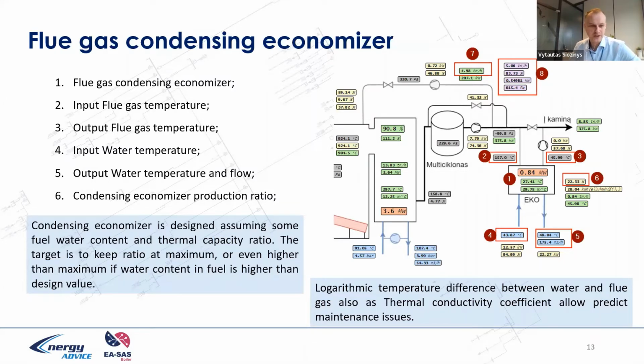Additionally, a pH meter is installed here, and we can also calculate the dew point temperature. Why is the dew point interesting? We should understand how far the flue gas output temperature is from the dew point temperature. It's like a gap between the capability to condense water from the flue gas and the real condensing situation.